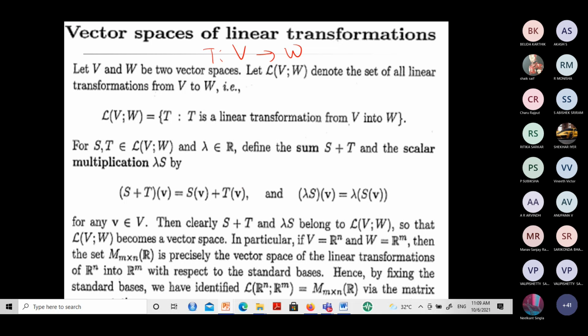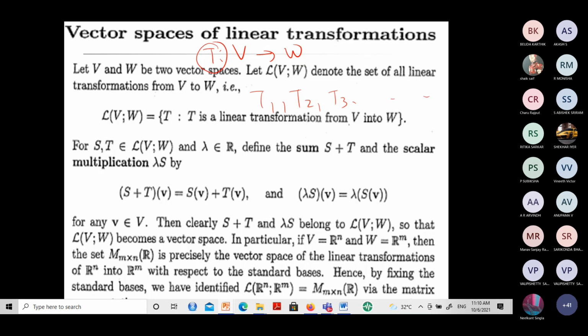So how do I define it? I'm going to consider linear transformations as vectors and prove that it is a vector space. V and W are vector spaces. I have many linear transformations, say T1, T2, T3. All these linear transformations are going to form a vector space.